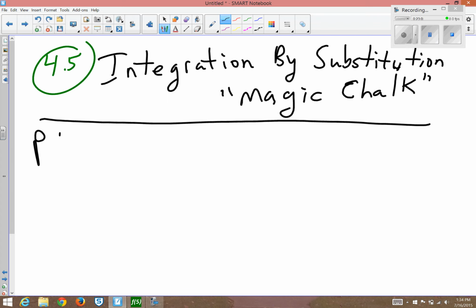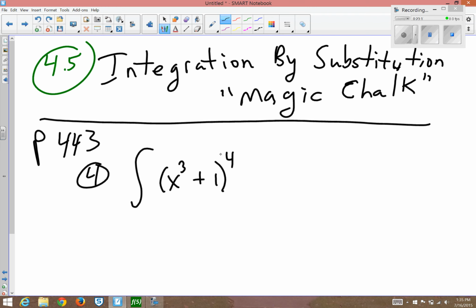On page 443, exercise 4, it says find the integral or antiderivative of x to the third plus 1 to the fourth times x squared dx. So here's how we find the antiderivative using a method called substitution. Over this side, we let u equal something that is over here.